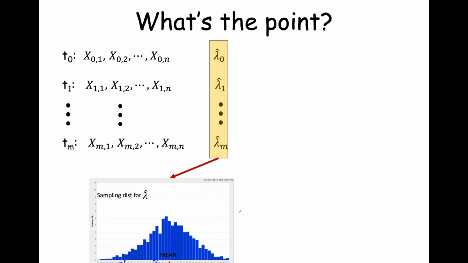Now, if we calculate the distribution of each one of these lambdas, and I'm going to select a different pen color, let's select cyan, if we calculate the distribution of all of these statistics lambda hat, well, it might look something like this. And there's an observation here that I want you to pay attention to. You know, this is kind of bell curve shaped.